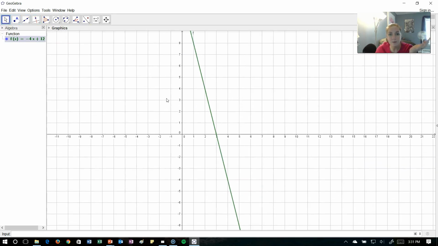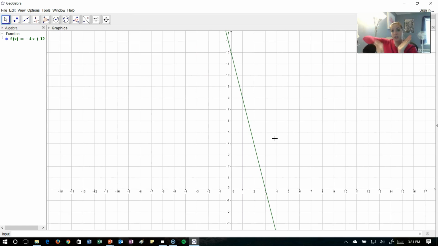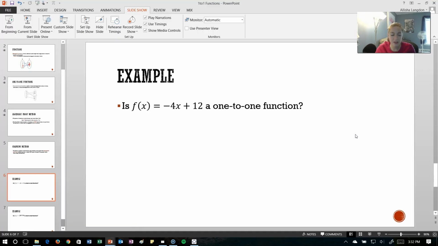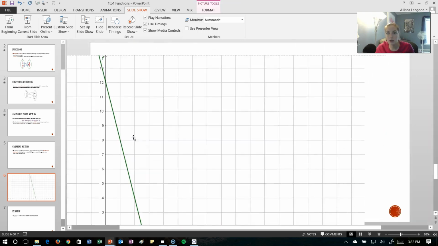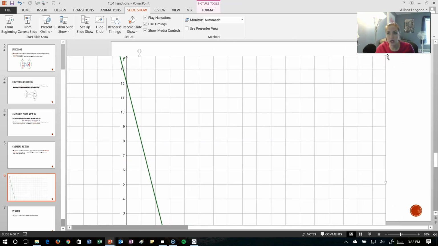We can see it's just a linear equation, a straight line. And notice that if we were to draw a horizontal line anywhere on this graph, let's actually go ahead and copy this into R. That is humongous. Okay.